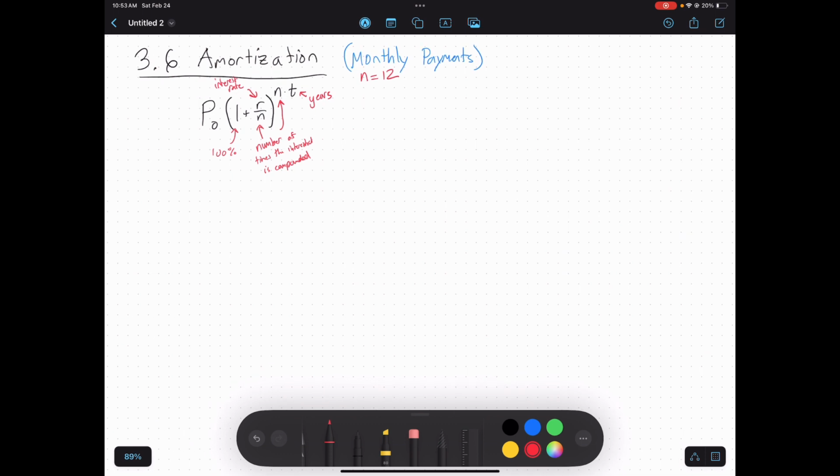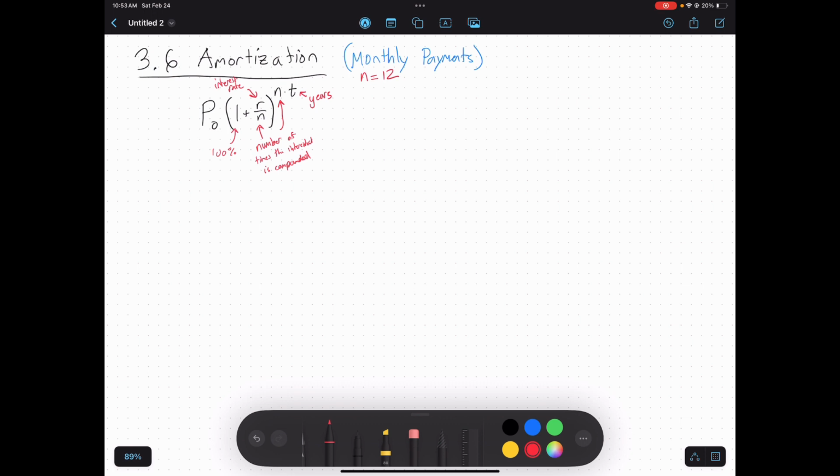But the other part of this is the fact that I can pay off my loan through monthly payments. Usually that's how you pay off loans. It's not like you get your loan, let it grow a little bit, and then pay the whole thing off.